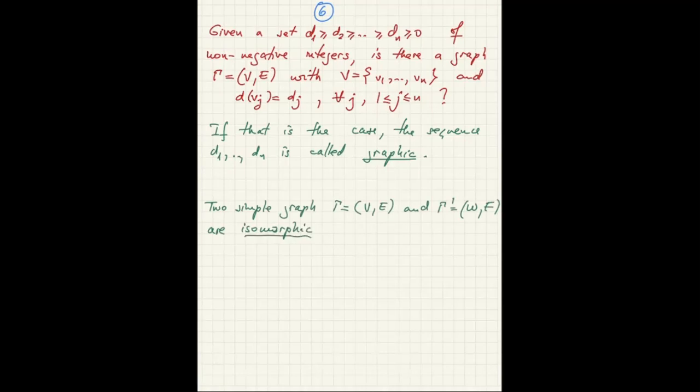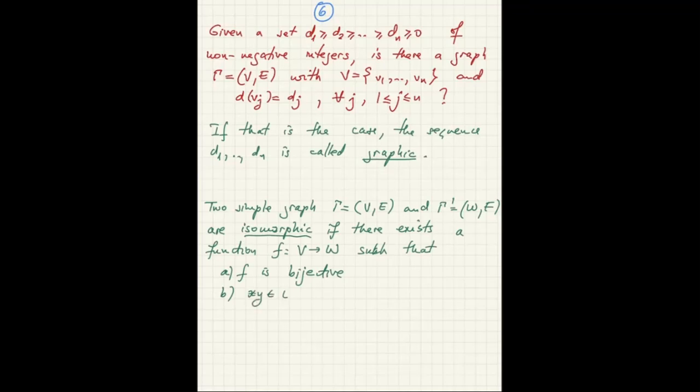So it's just a fancy name of saying that they're the same if there exists a function, let's call it F, from the vertex set of one to the vertex set of the other, such that F is bijective, and the second property, so let's call it this A, and the second property is that xy is an edge in the graph gamma if and only if F(x)F(y) is an edge in the other graph gamma prime.